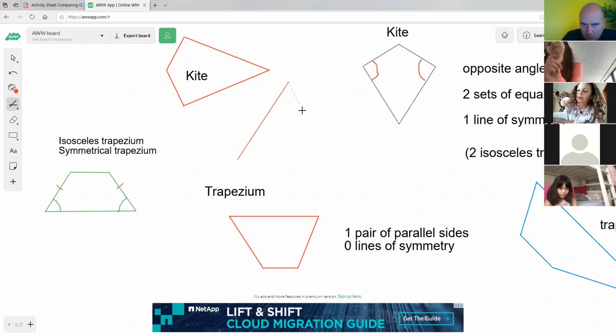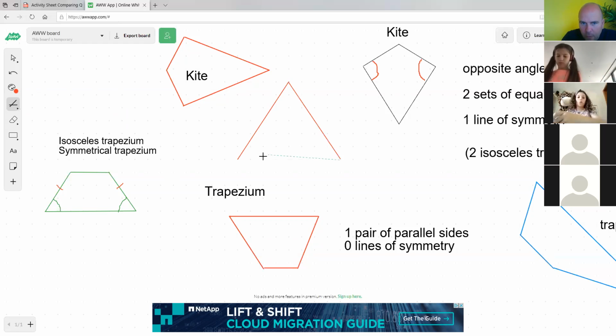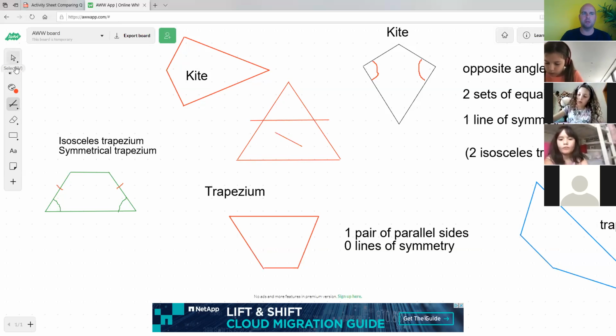So we've got this one, and basically you just cut it off here and create your isosceles trapezium. You just chop the top off like a rocket shooting up through the side.